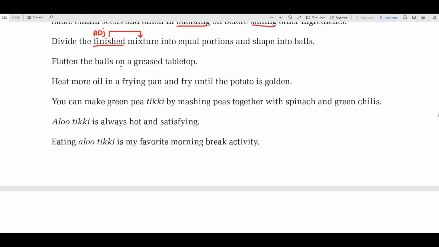Okay, flatten the balls on a greased tabletop. We're looking for a verb that's not acting as a verb, basically. So this is acting as an adjective. And it's modifying the tabletop. Okay. All right. Heat more oil in a frying pan and fry until the potato is golden.